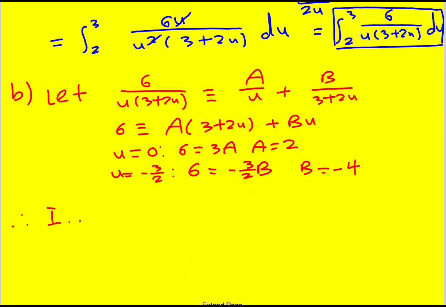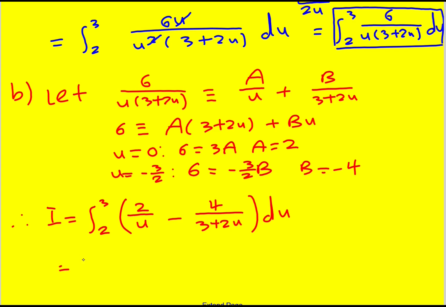Therefore, I will equal the integral from 2 to 3 of 2 over u minus 4 over 3 plus 2u.